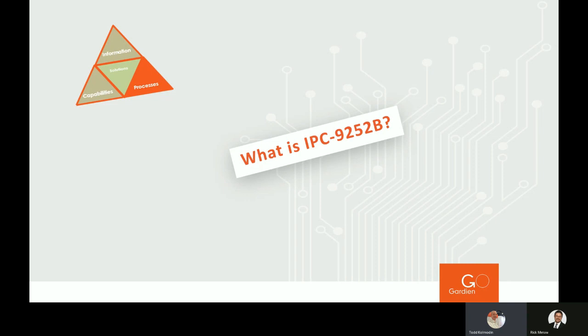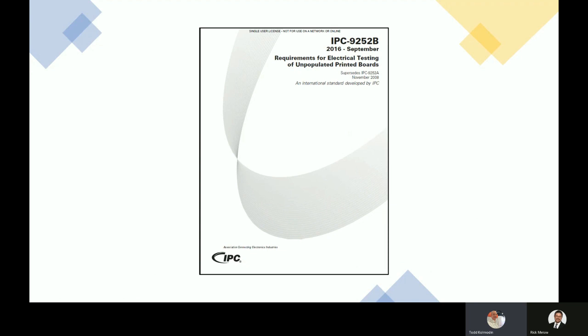But what we did after a certain amount of time is we broke out away from the standard specification, which is usually IPC 6012, the main specification for rigid unpopulated boards, and we made IPC 9252. Myself and Rick are on the committee that regulates and keeps this document up to date. So that's where IPC 9252 came from.